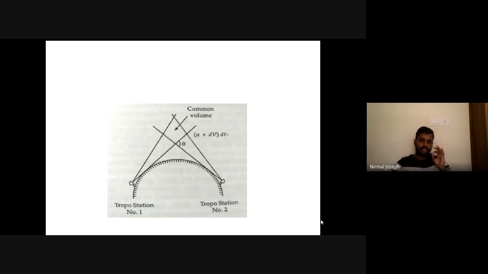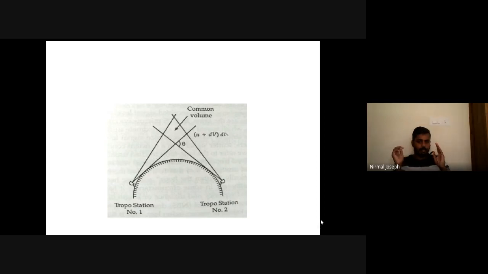So this is the pictorial representation of that. Tropospheric station number 1 and tropospheric station number 2. Both the antennas should be highly oriented, such that they have a common volume, or their beams have a common volume. Then only this is possible.